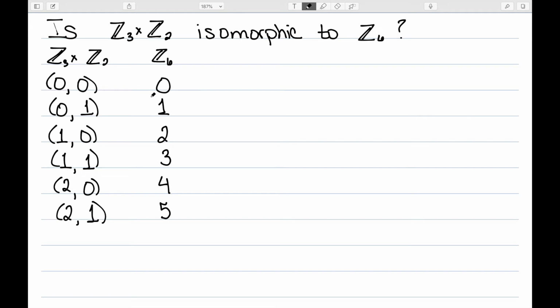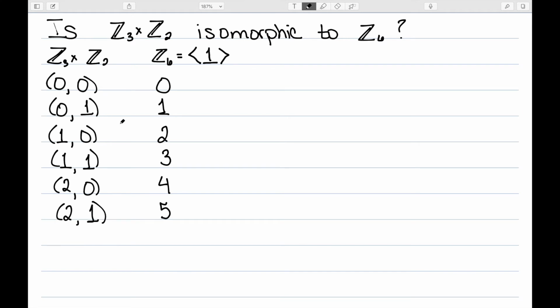One of the main things we know about Zn in these cyclic groups that we've talked about is that it is cyclic and it's generated by exactly one element. In this case, 1. So if this is cyclic, it might give us an indication that these are isomorphic. And if it's not cyclic, that would be a good indication that it is not isomorphic. It definitely cannot be generated by 0,0, since that would just give me the single element.